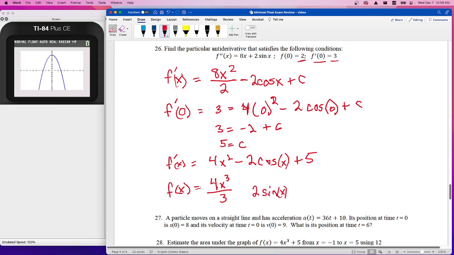When we take the derivative of sine, we get positive cosine, so we have to leave this negative. We have to check on that. When we integrate or get the antiderivative of 5, that's going to give us 5x plus a constant. And then what we do is we take our information here to figure out what that constant is, that when x equals 0, y is going to be 2.